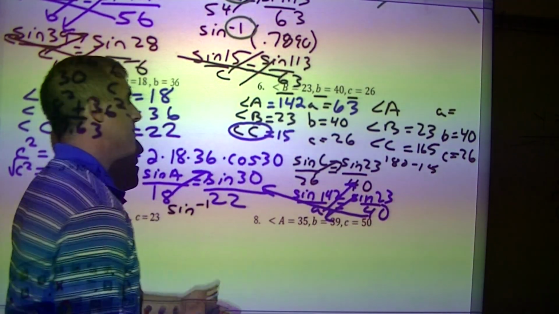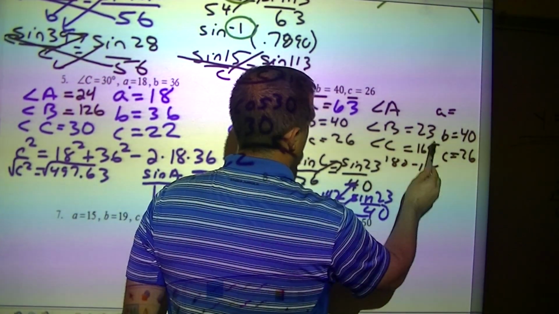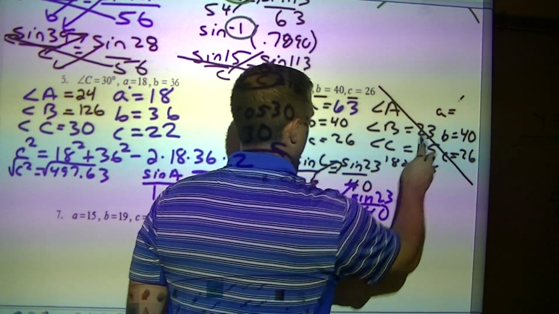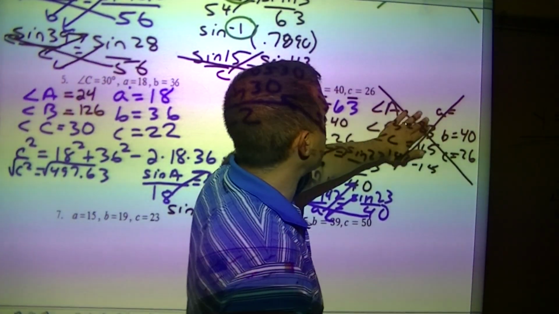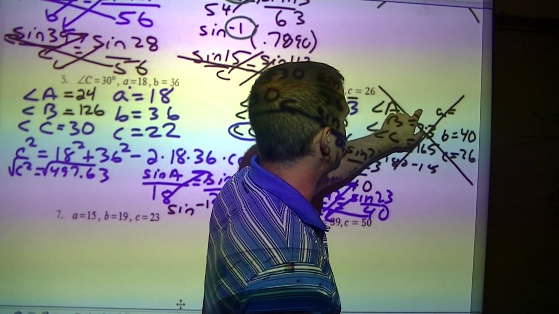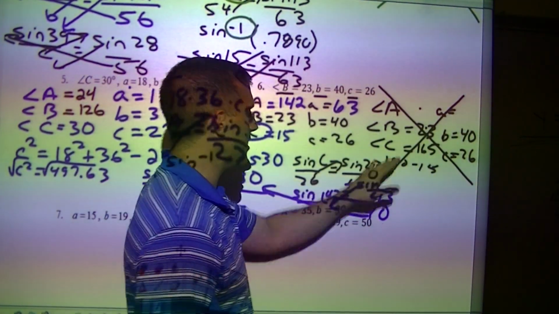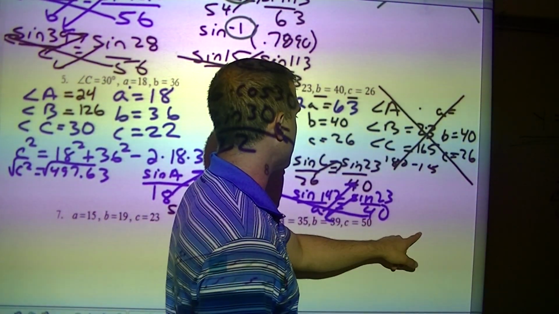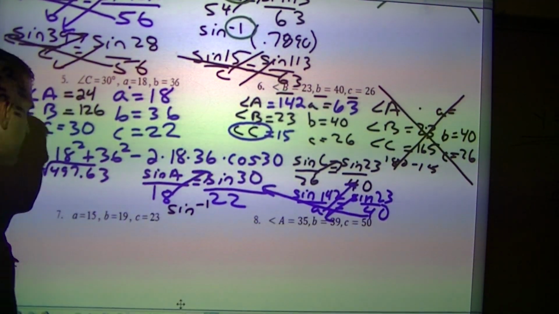Once again, very similar to that problem we did before, this already adds up to more than 180, so that means I can't use that side. I can't do that triangle. If it doesn't add up to more than 180, all you have to do is find this angle from the logic, and then set it equal to, just like you did down here, sine of whatever that is over A equals sine of 23 over 40. You keep everything the same.